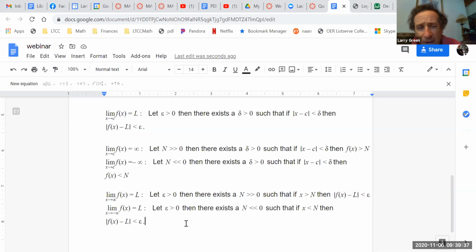Okay. Are there functions that don't have a limit as x goes to infinity or negative infinity? What do you think? Are there functions that don't have an L? No. One more guess? Yes.